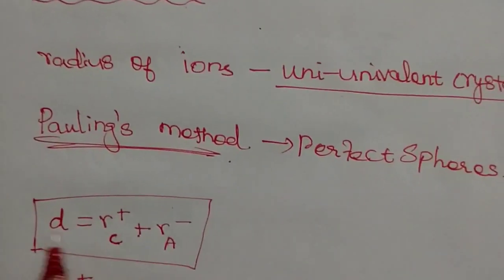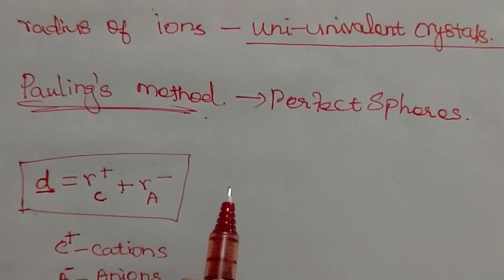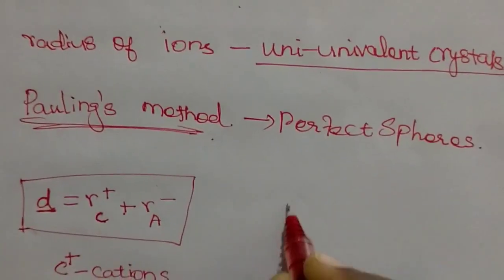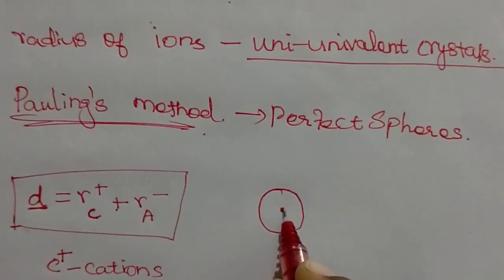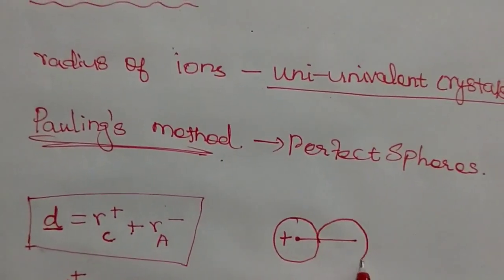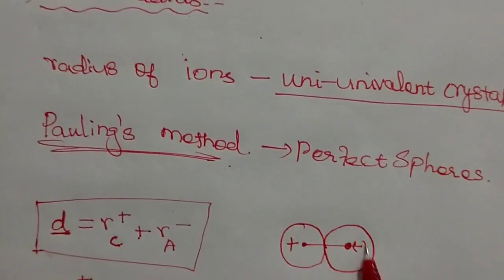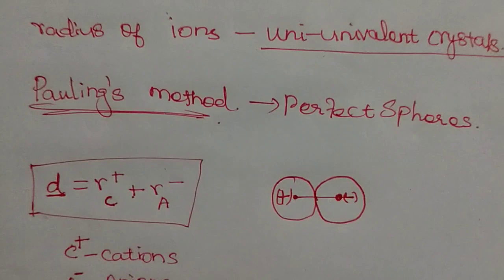Here D is the distance between two ions: between the center of the nucleus of the cation and the center of the nucleus of the anion.